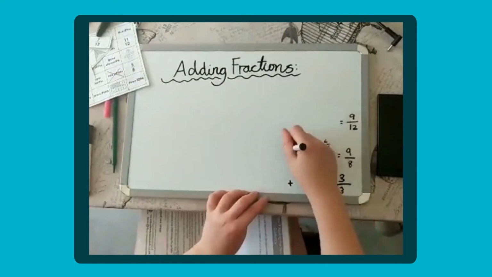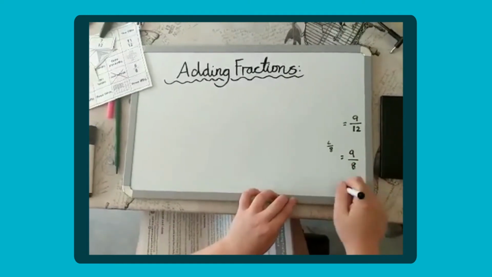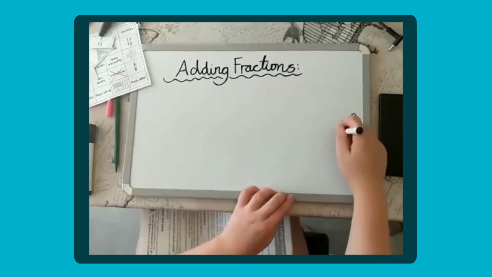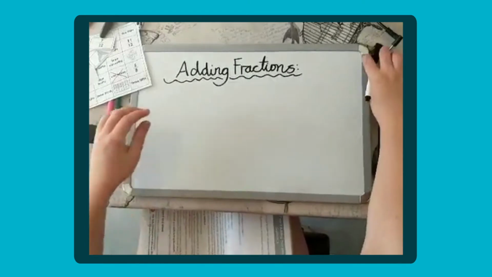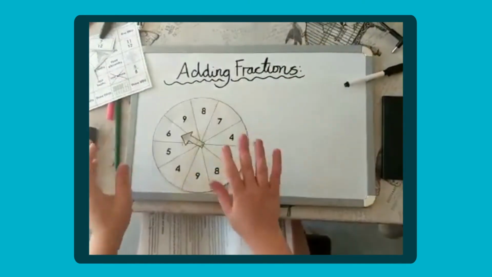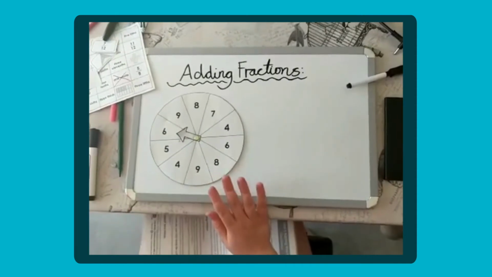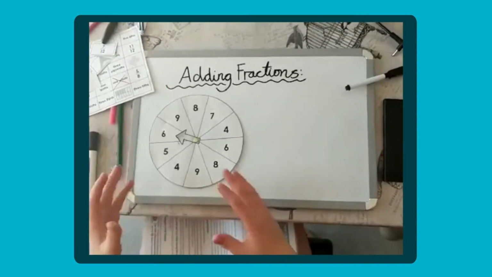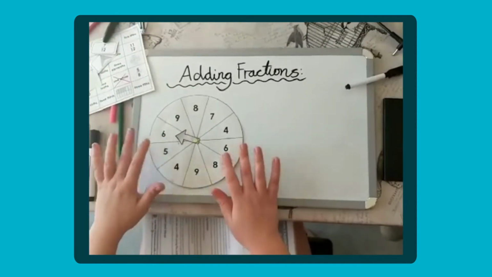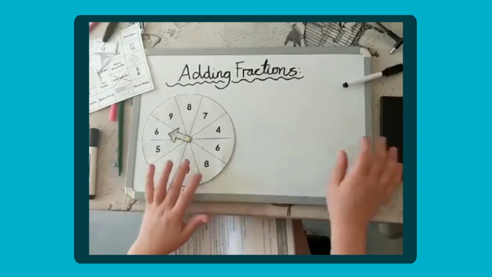Just going to clean this quickly. So for this second activity, we are going to use a spinner. Now, I must apologise from the outset, this spinner has been printed on paper, so the spinning ability isn't great, but you will hopefully get the idea from the game itself.